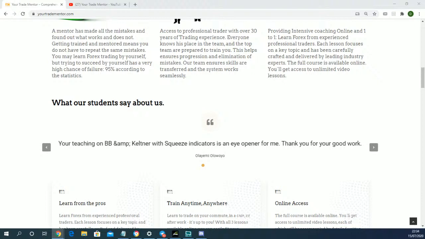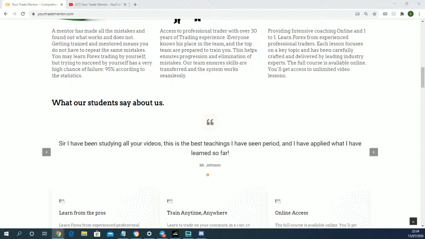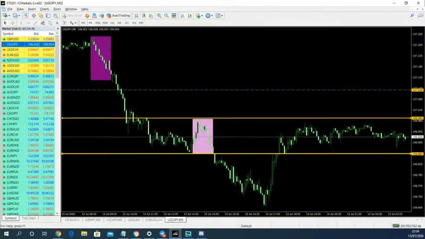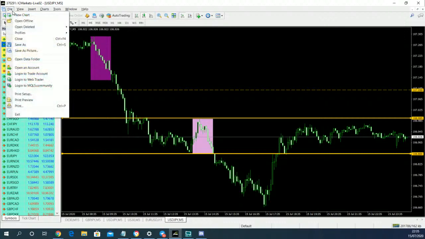Renko is an expert advisor, and the way you apply it is you add it to the MT4 charts. It's a bit complicated, right? So when you add it to the MT4 chart, let me open the MT4 chart so you can see. You add it as an expert advisor, and then you go to File, Open Offline.